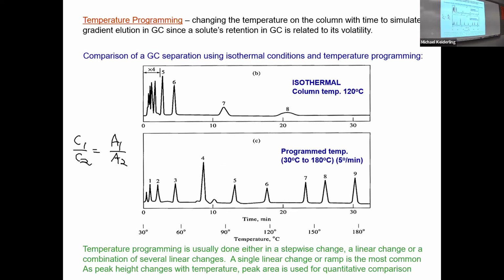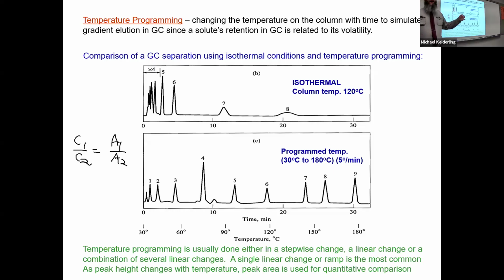Temperature programming allows you to change the temperature of the column with time to simulate the gradient elution in GC, since the solute's retention is related to its volatility. Here's an example: this one is isothermal, where everything's at 120, and here is a ramp at 5 degrees per minute. You can see how all these are merged together in this one, while in this one all the peaks are nice and separate.